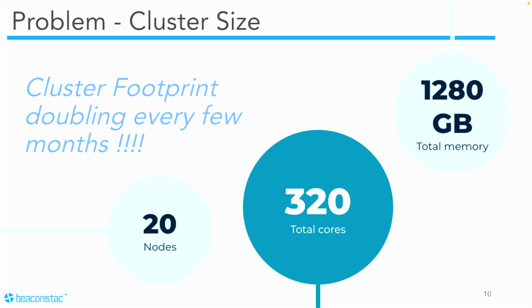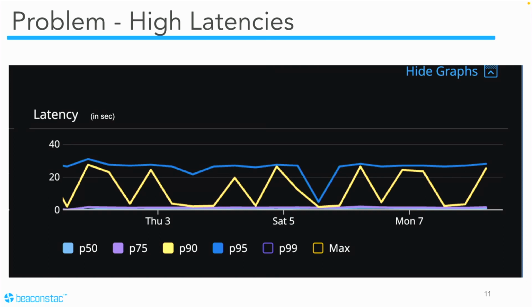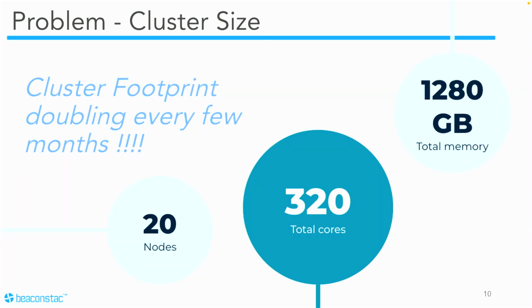The amount of data we were running when we migrated to Pinot was 20 nodes with a very vertically scaled system with 320 cores overall and almost a terabyte of memory. That was the cluster size, and still with that cluster size, we were seeing huge latency on queries.